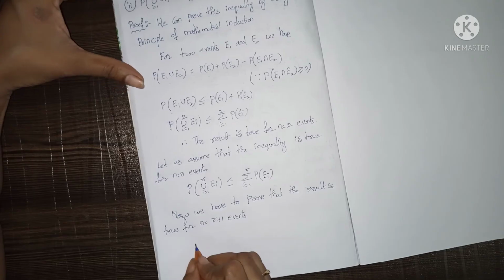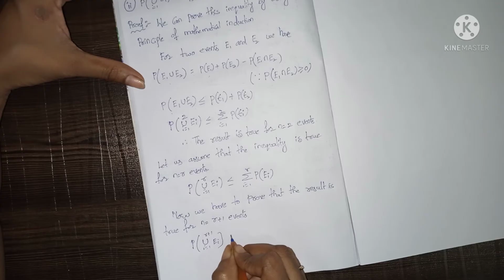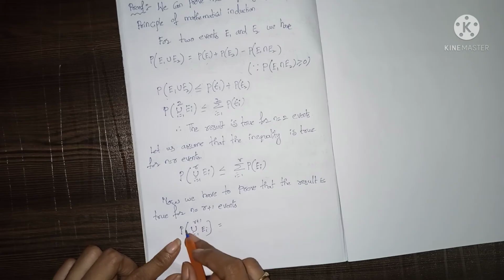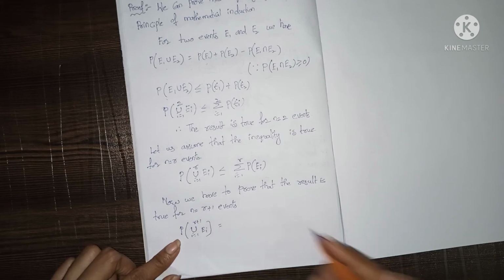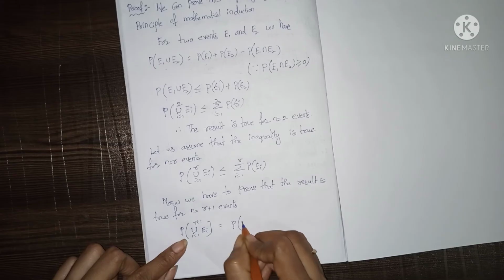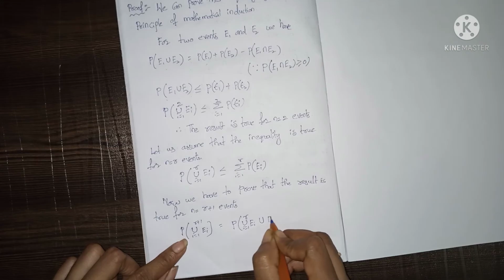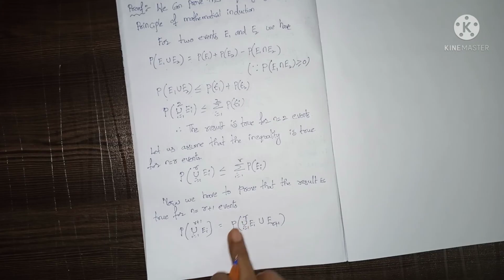So, probability of union i equals 1 to r plus 1 E_i equals, now we are going to split this single term into two terms. The first term is up to r, and the next term is the r plus 1th term. So P of union i equals 1 to r E_i union E_{r+1}. That means in total r plus 1 terms we have.